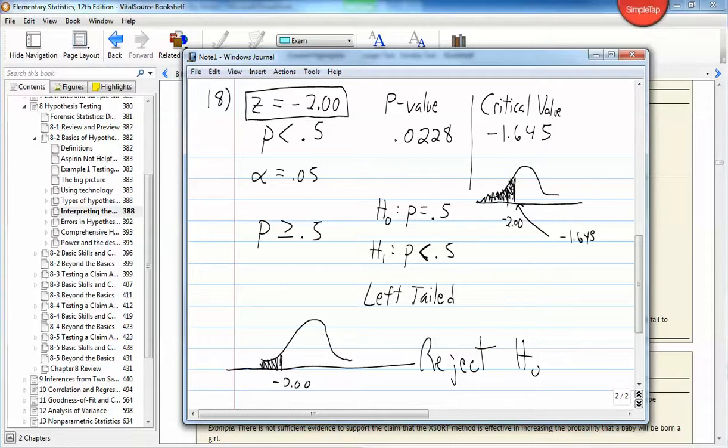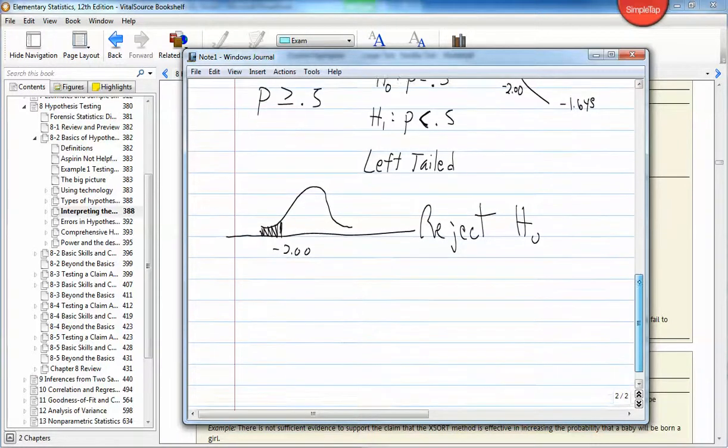So only use the critical value method when you have to. And we'll have to if it's t-distribution or if it's standard deviation, which would be the chi-square distribution type problems, because you have to have technology to find the p-value with those. The formula is way too complex to learn.